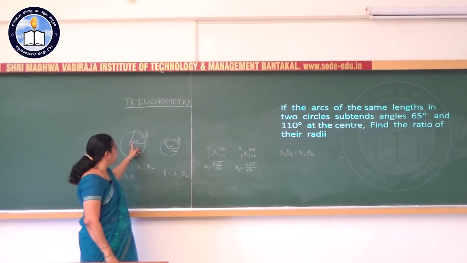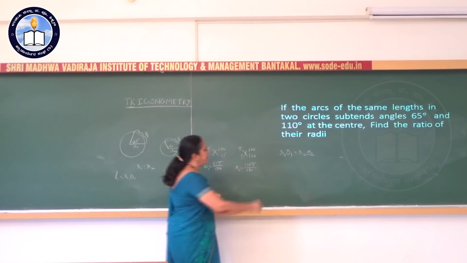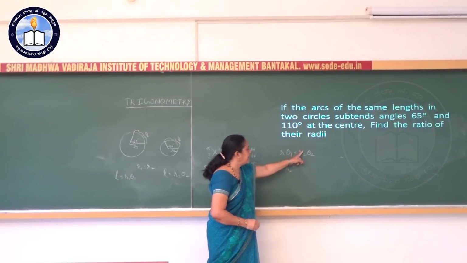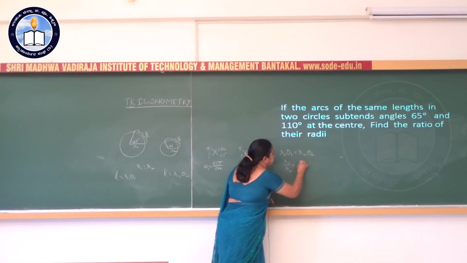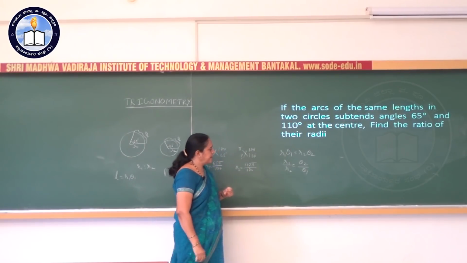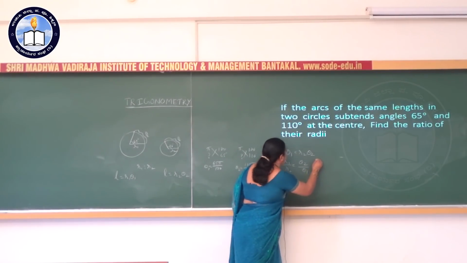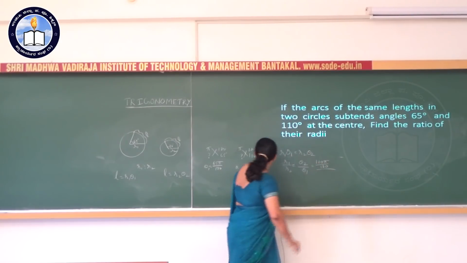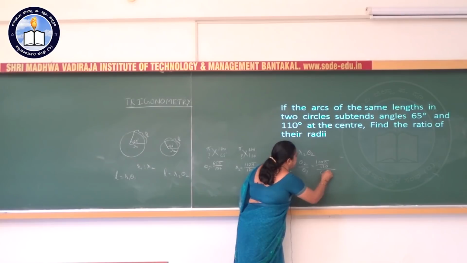But we have to find R1 by R2. It's equal to R1 by R2 is equal to theta 2 divided by theta 1. But theta 2 is 110 into pi divided by 180, and theta 1 is 65 into pi by 180.